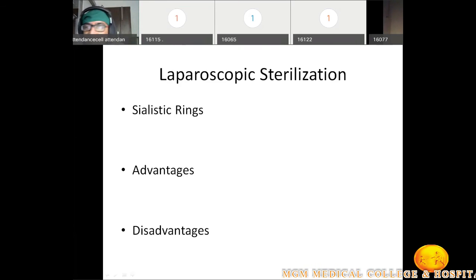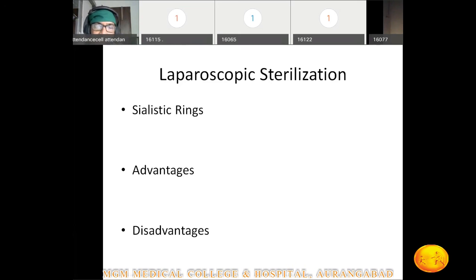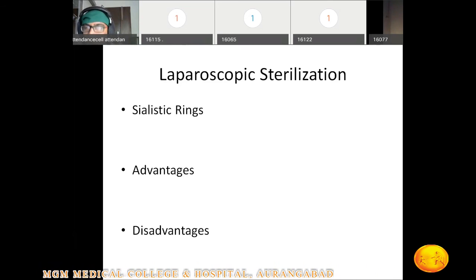We use Silastic rings to occlude the fallopian tubes. So the advantages are less hospital stay, less infection, less complication. What are the disadvantages? It needs special training, it needs expertise.